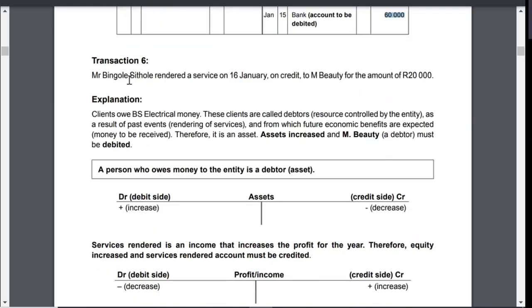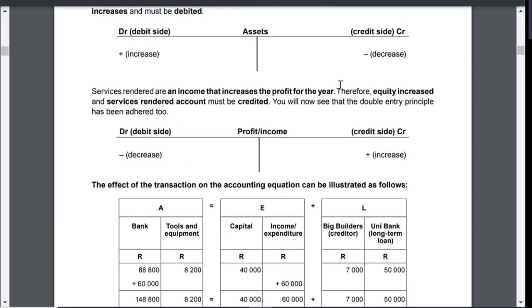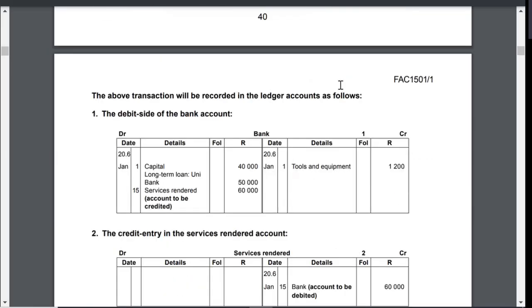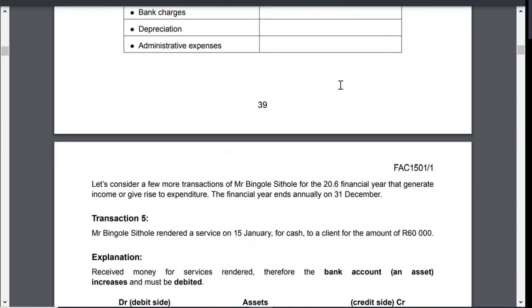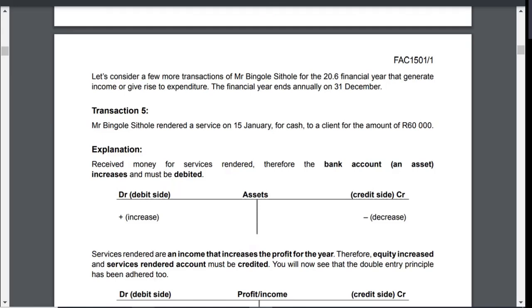Transaction number 6: Mr. Bingoli rendered a service on the 16th of January on credit to M Beauty for an amount of 20,000. I want you to look at the difference between the two transactions. I'm going to screenshot transaction number 5.